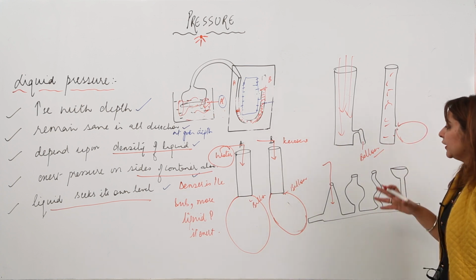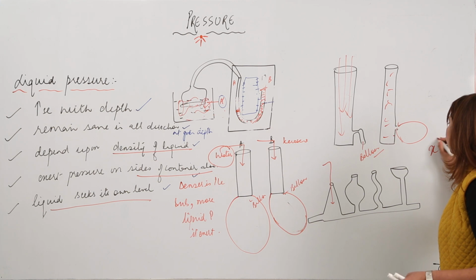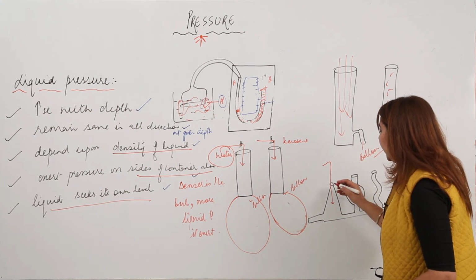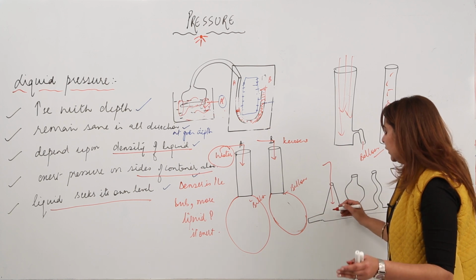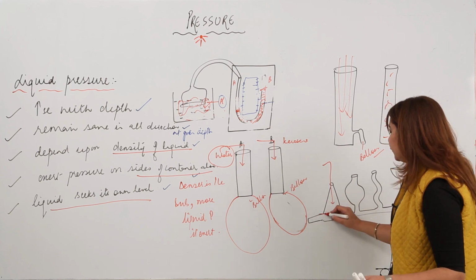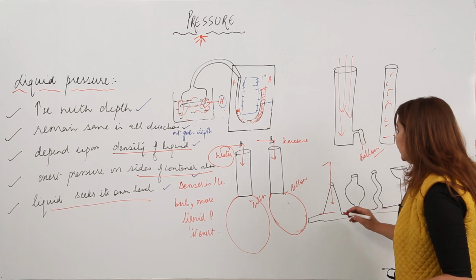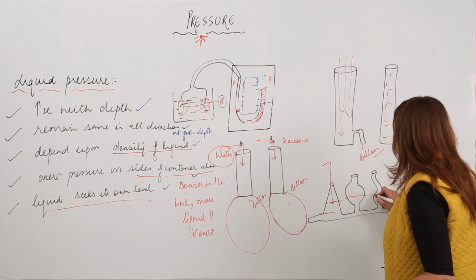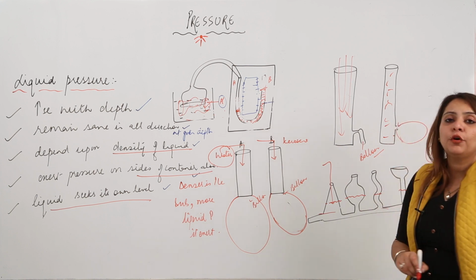Suppose I add X amount of liquid. First it fills the horizontal tube, and then later these tubes seek the same level irrespective of the shape.